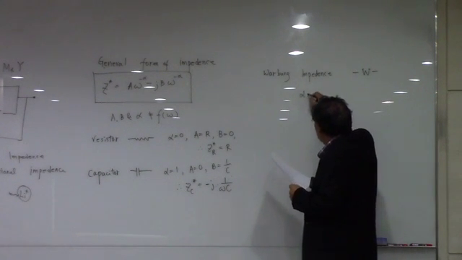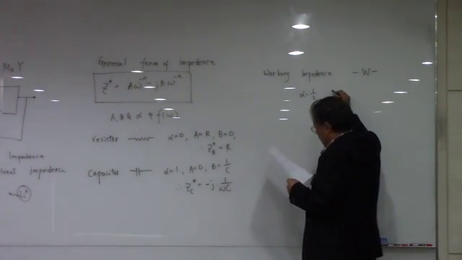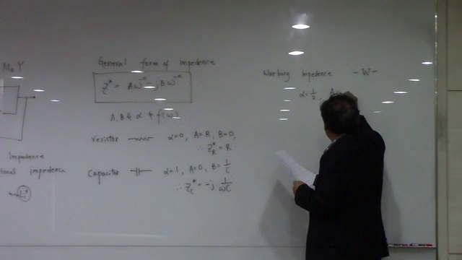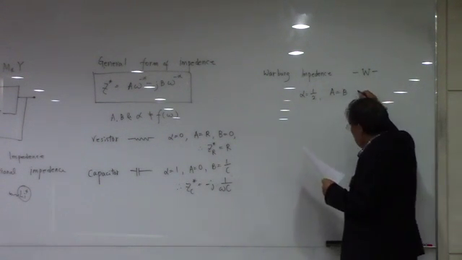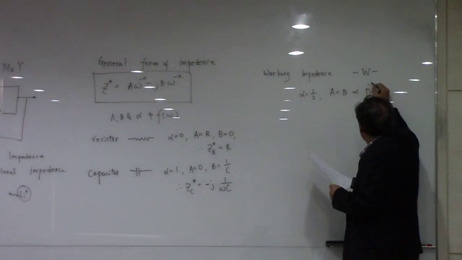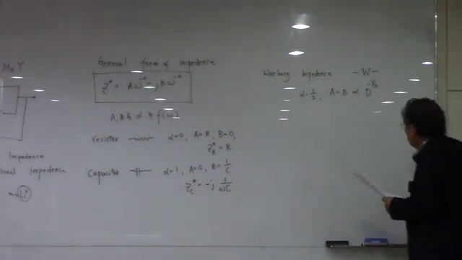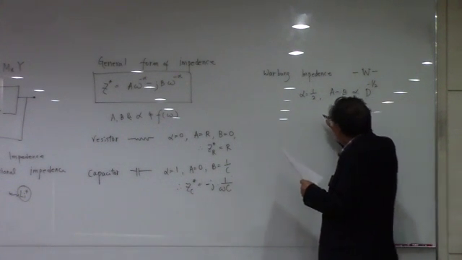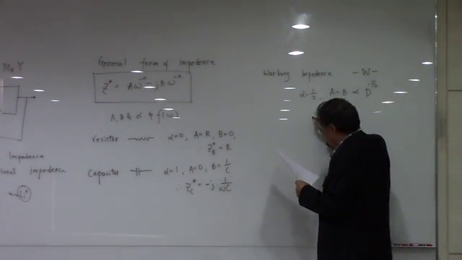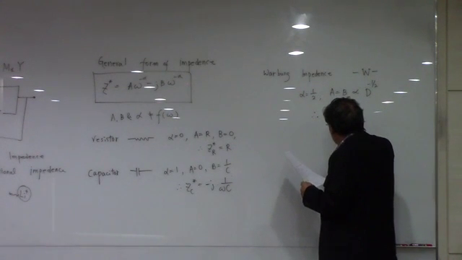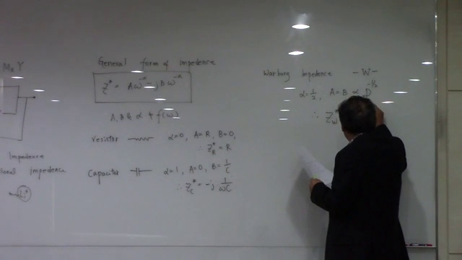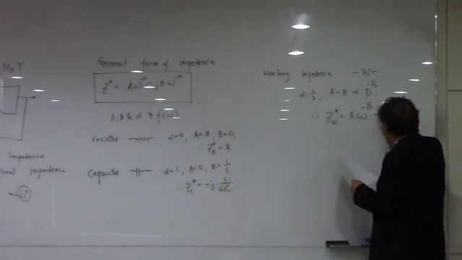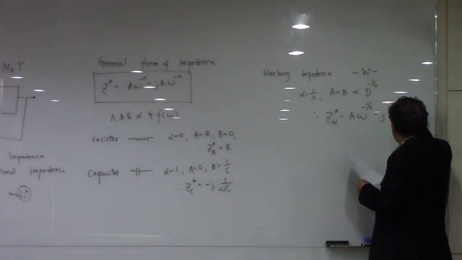In this case, alpha is 1/2, and A equal to B, and that is proportional to the diffusion coefficient, so that Warburg impedance now is A omega to the minus 1/2 minus j A omega to the minus 1/2.